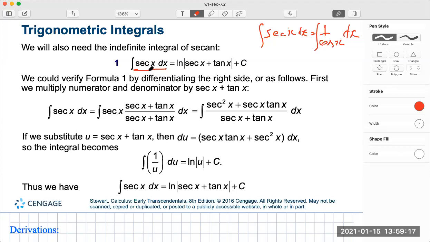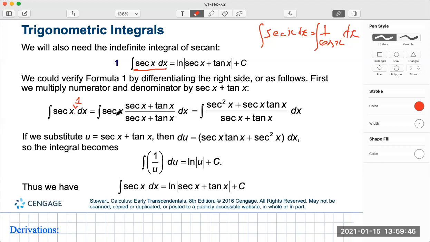Suppose we want to compute this guy. The trick is that we multiply this integrand by the number 1. Nothing's changed, right? The number 1, we can write it in terms of secant x plus tan x divided by the same amount.